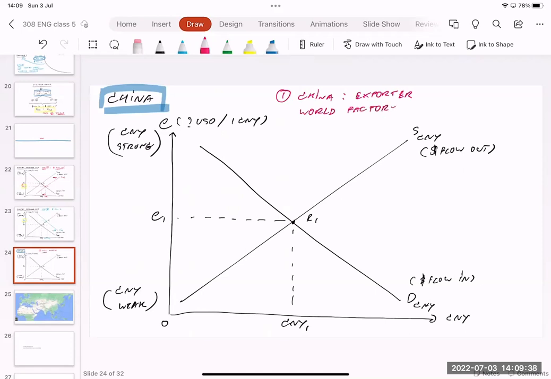Everything is made in China, right? China produces a lot of products and exports a lot to the rest of the world. When they export a lot, their trade balance, NX, net export, is really high.